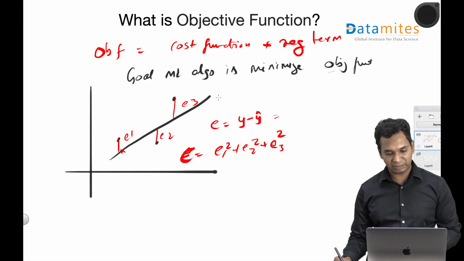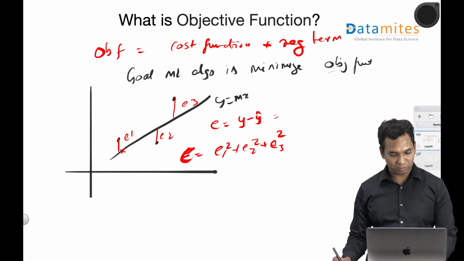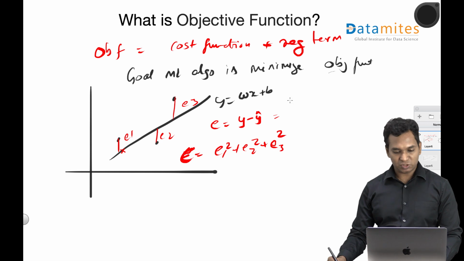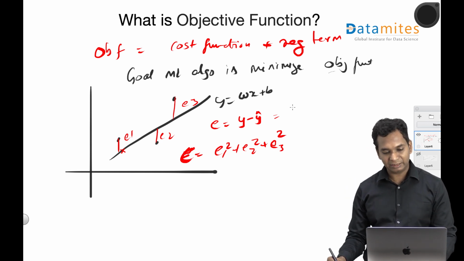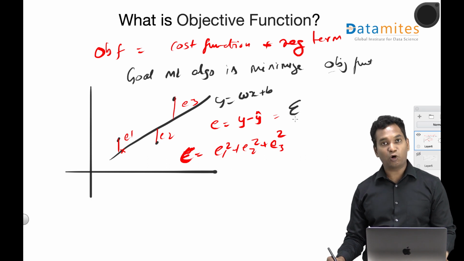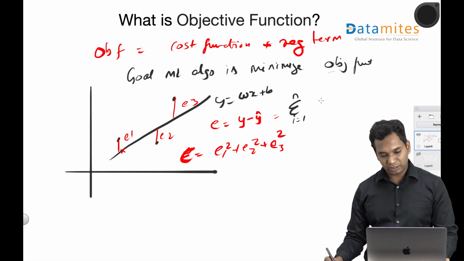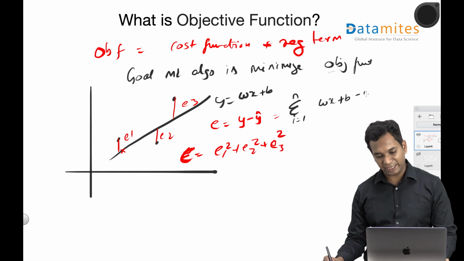So y is simply mx plus c, or let me put it as w is weight and b is bias. So it's actually wx plus b. Then your error function is a summation of all the errors from the first record to whatever number of records you have, of wx plus b minus y.